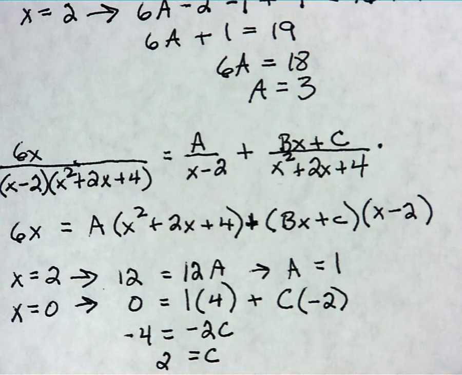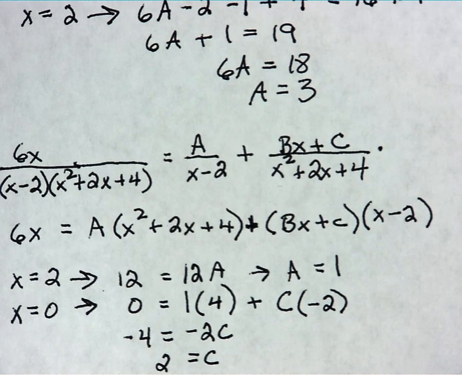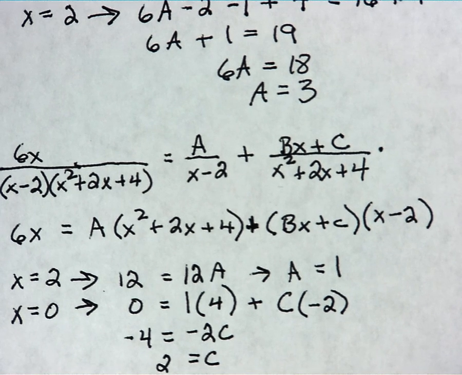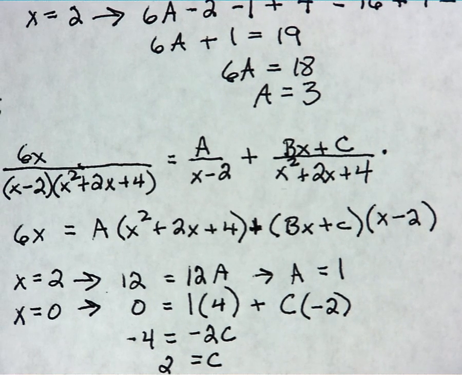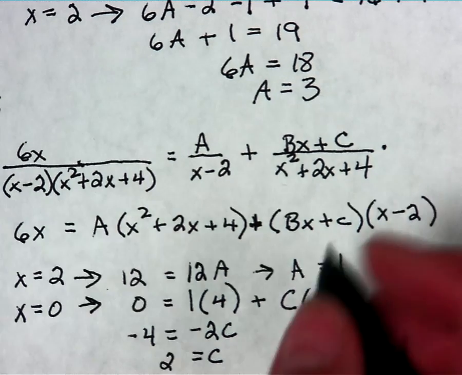So we know A and C, we ought to be able to find B. I'm going to put 1 in place of A and 2 in place of C before I do anything else. See what equation I have.